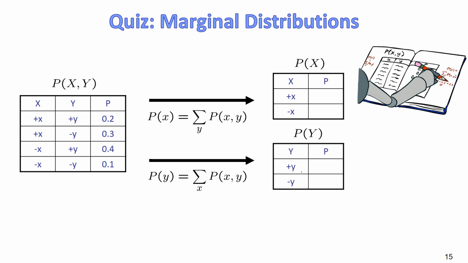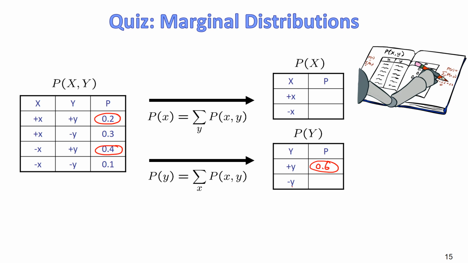So plus y, how can I get this probability? Okay, so you sum over x now. You fix y and sum over x. Yes, so for plus y, we have 0.2 and 0.4, so that will be 0.6.